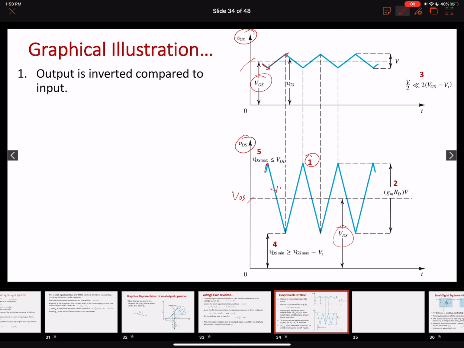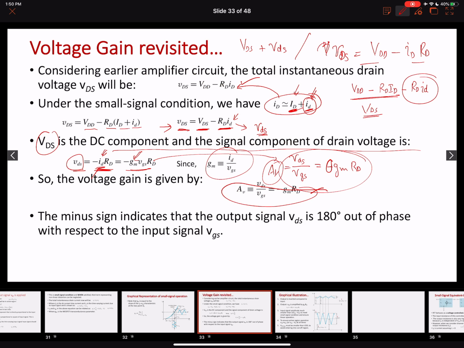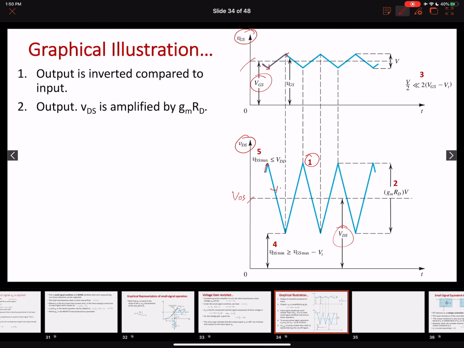Now let's look at the second component, the amount of the amplification. We know that the amount of the amplification is proportional to GM RD from here, right? Minus GM RD. So our output is amplified by the amount of GM RD. And over here, the negative sign is missing, which essentially just indicates that our signal is amplified, right?